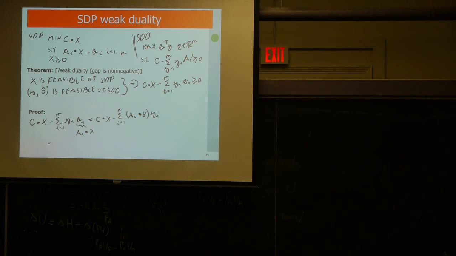Next step. So C minus, I move this yi inside, everything is linear, and yi is just a scalar.